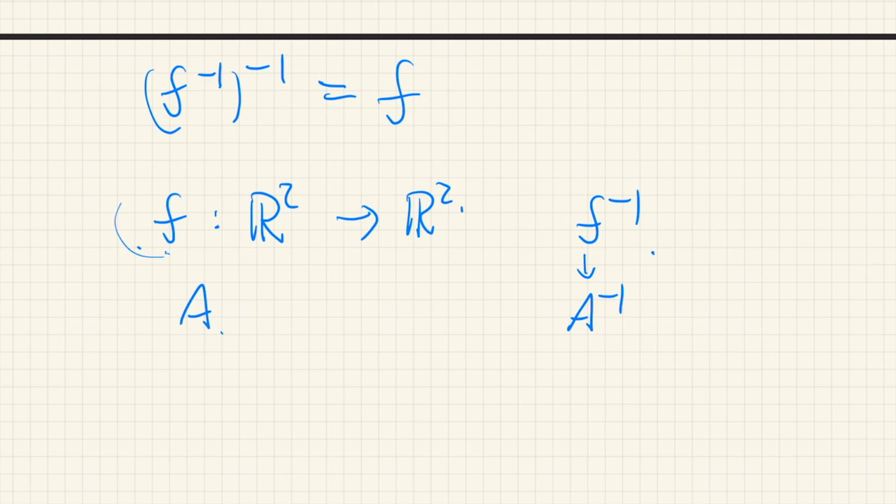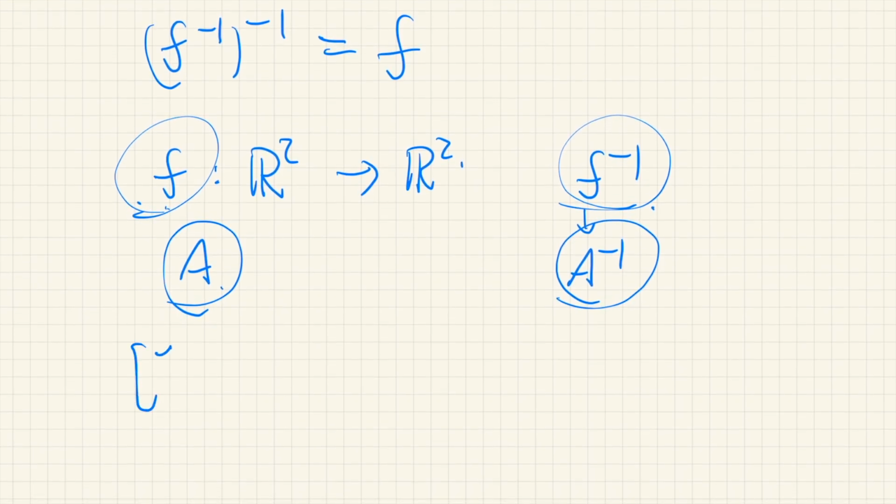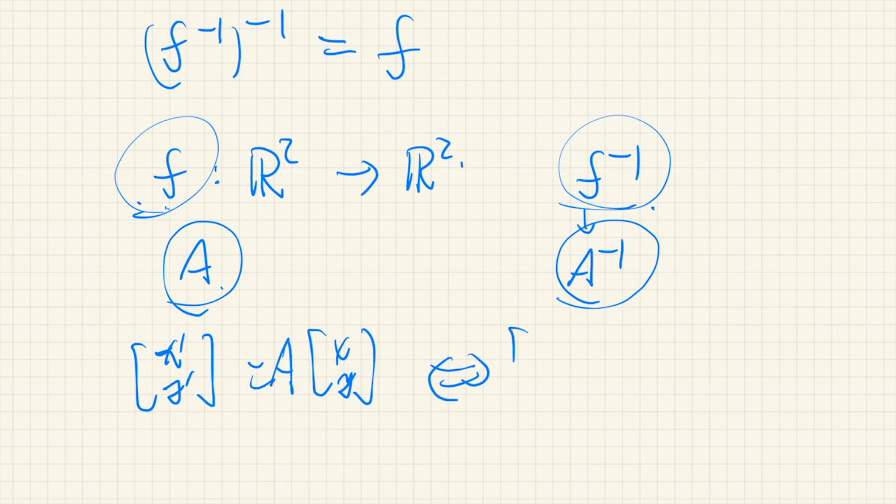So f and f inverse are represented by the matrices A and A inverse. So if (x prime, y prime) is equal to A times (x, y), then using A inverse we can write (x, y) is equal to A inverse times (x prime, y prime), right?